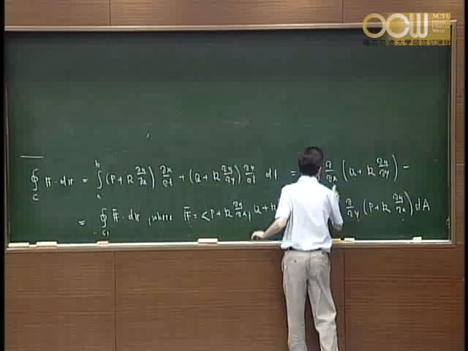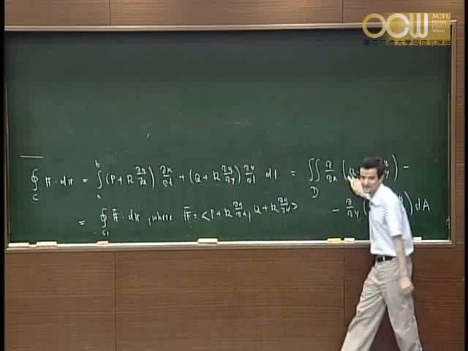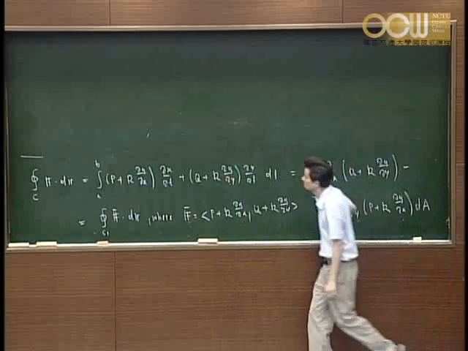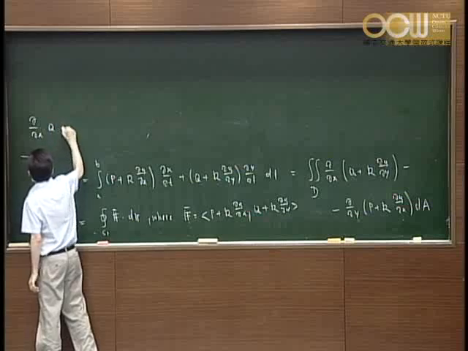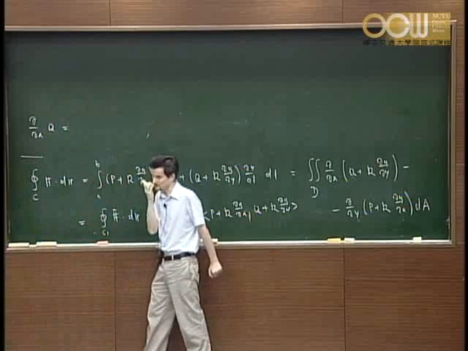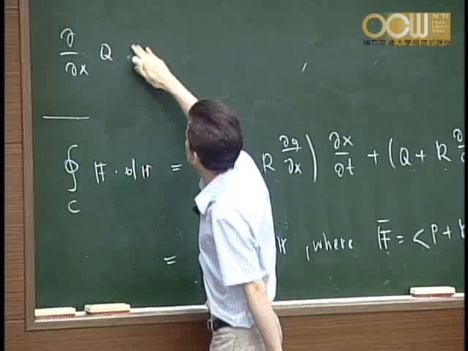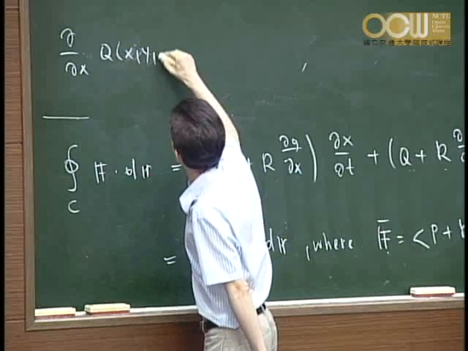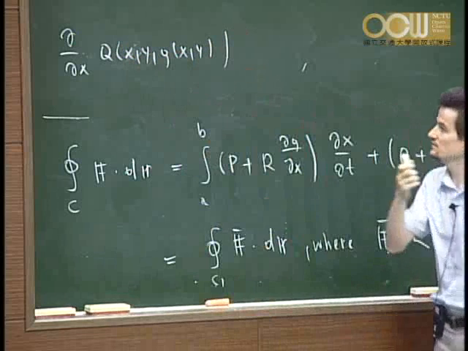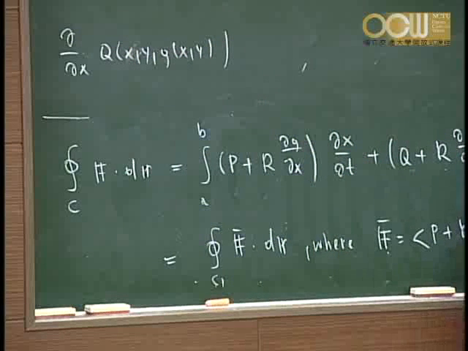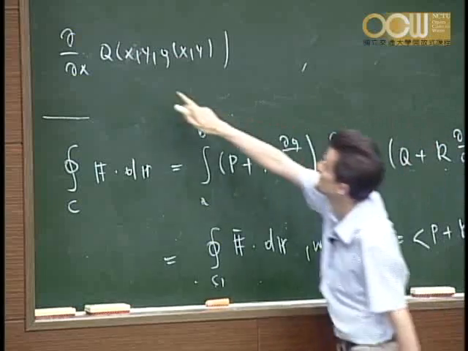I just want to point out that, for instance, if you take the partial derivative of this q here, you have to be careful, because q is actually a function which is like this here. Because you might easily forget, here you have twice x, once here and once here.